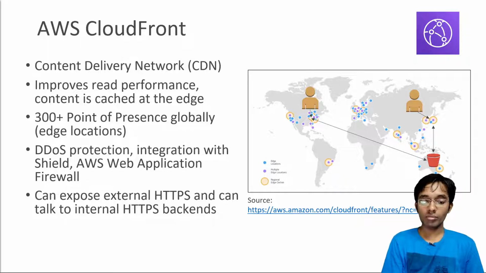The idea is that if another user in America requests the exact same content, they don't have to go all the way to Australia. They can just go through the same edge location in America and get the same content. Another user, for example in Asia, will go to another edge location, maybe in Japan, and the Japanese edge location will get the content from S3 and cache it at the edge, and so on. So this is the basic of how CloudFront works.